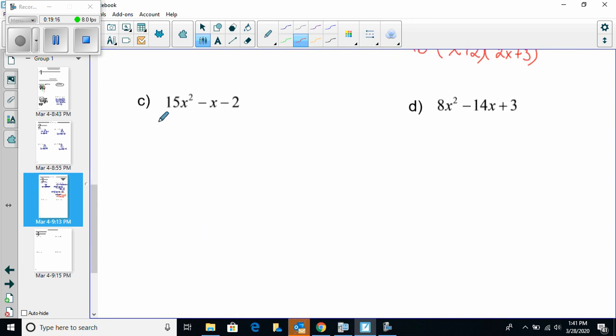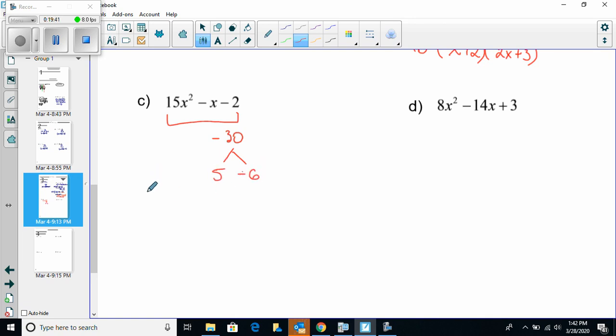In this case here, we have 15x squared minus x minus 2. So let's multiply the 15 and negative 2, which is negative 30. The two factors of negative 30 that give us negative 1 are 5 and negative 6.